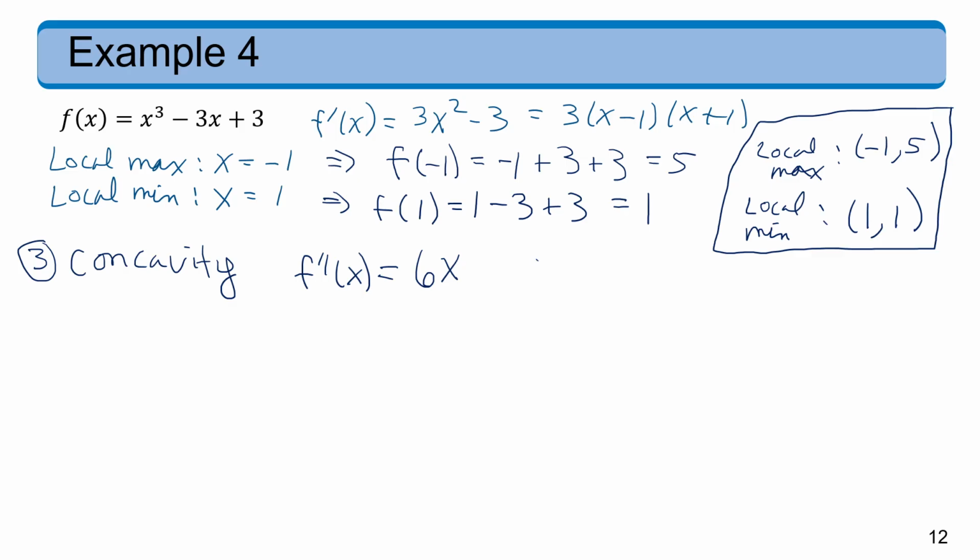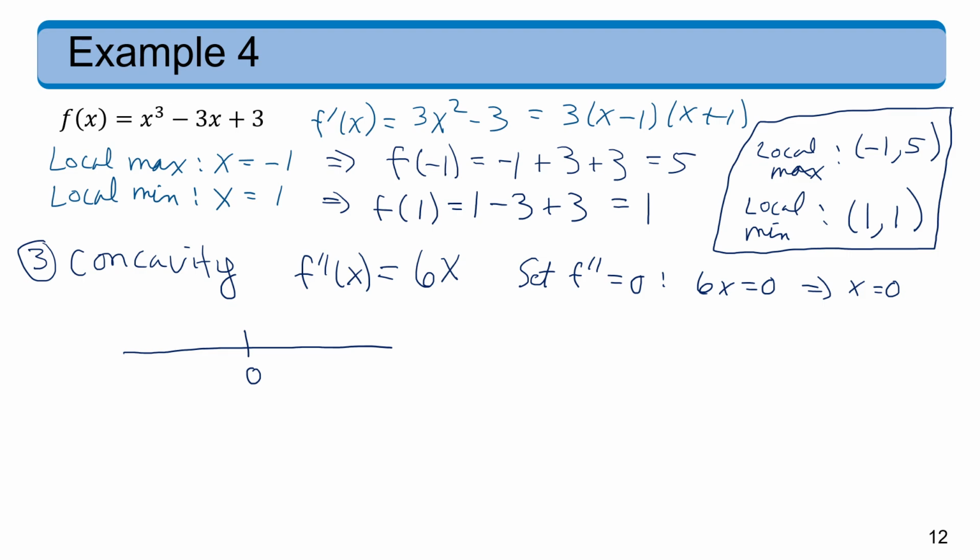So we're going to set the second derivative to 0. So that means we have 6x equals 0. Solve that for x, we just get one value, x equals 0. So that's the analog to the critical numbers, so those are the numbers we put on our number line. So in this case, there's only one number to put on the number line, and that's 0.